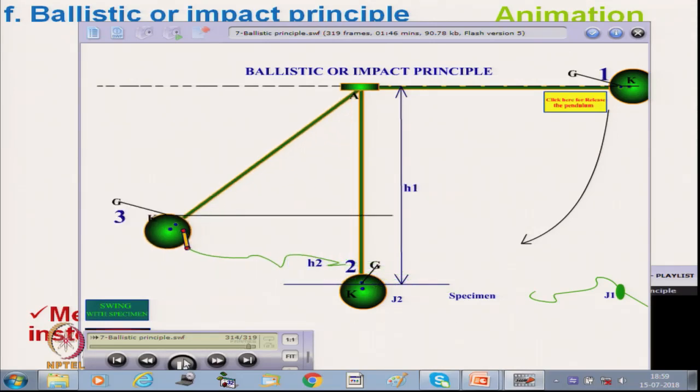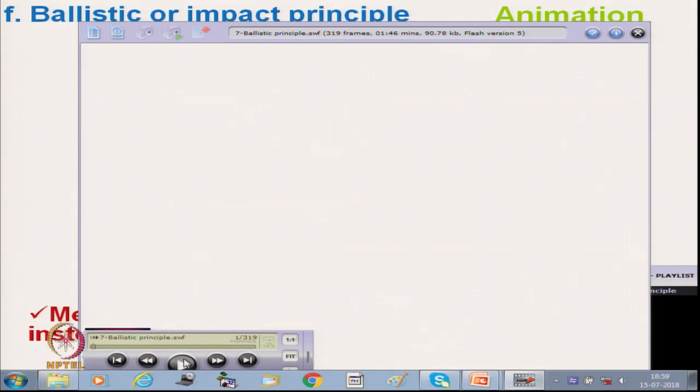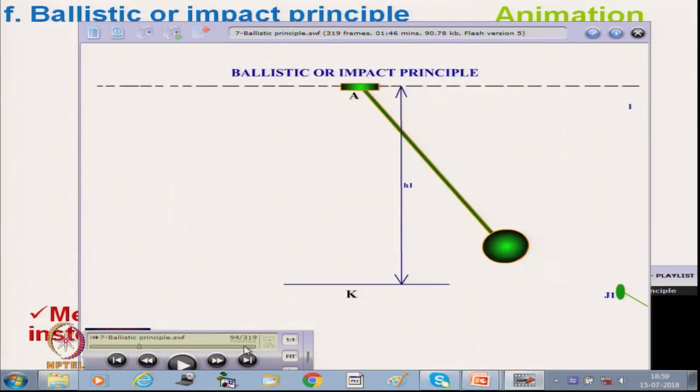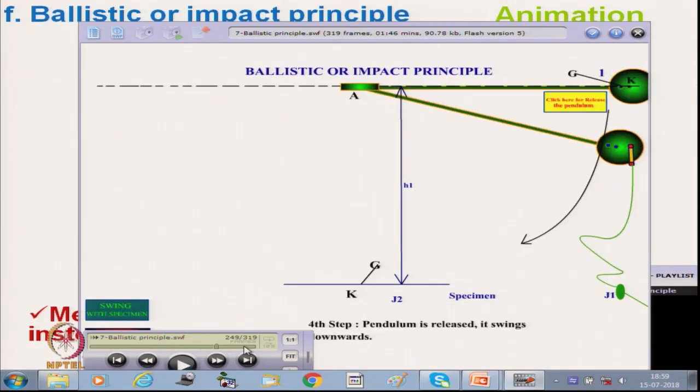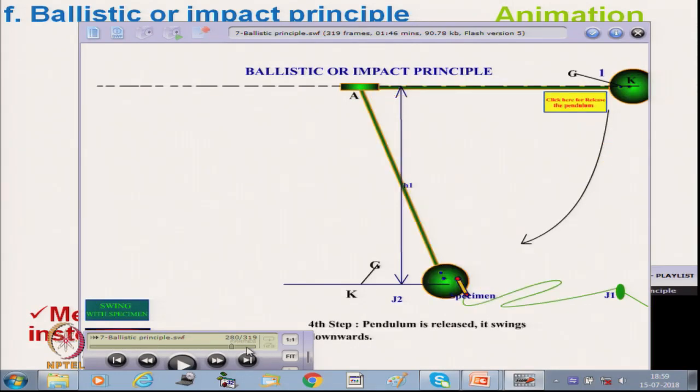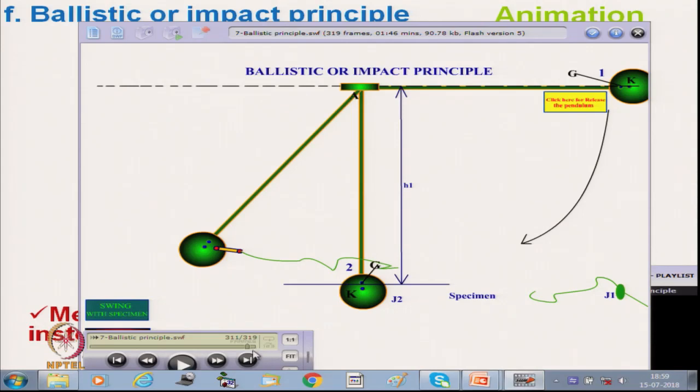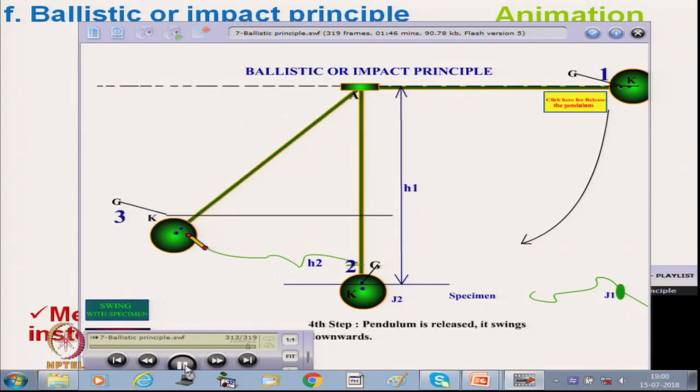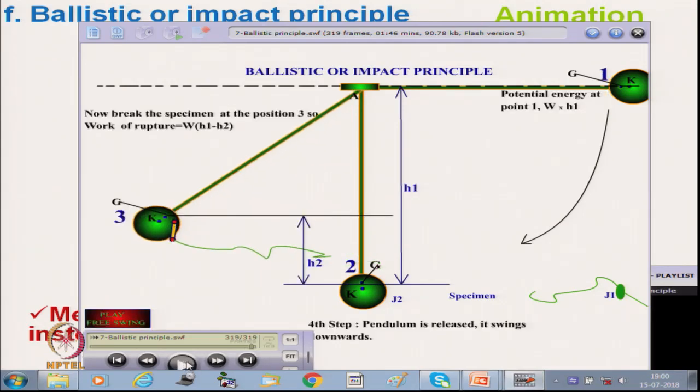It will stop somewhere, and that height is h2. Okay. This is the height h2.